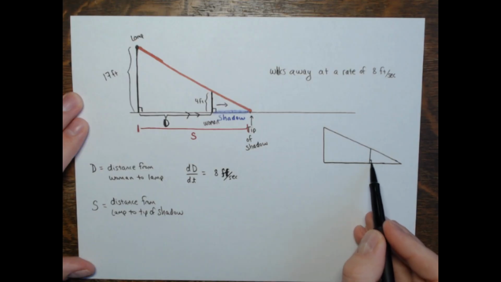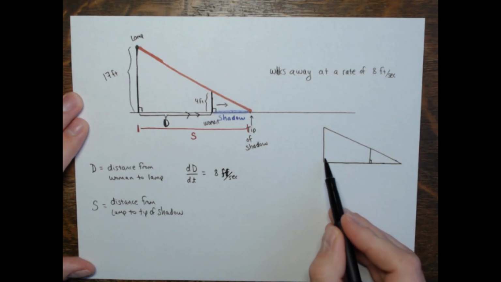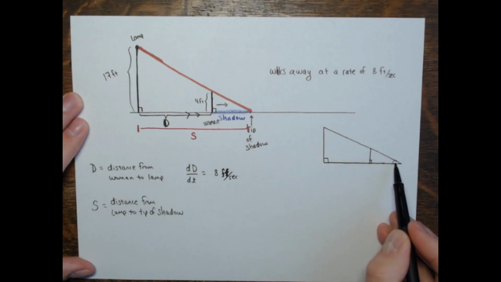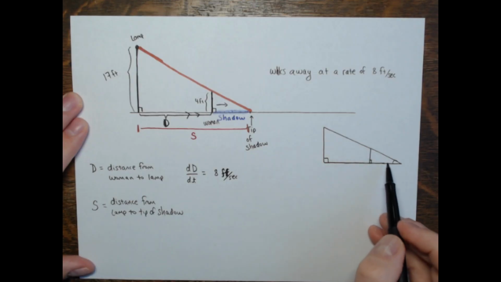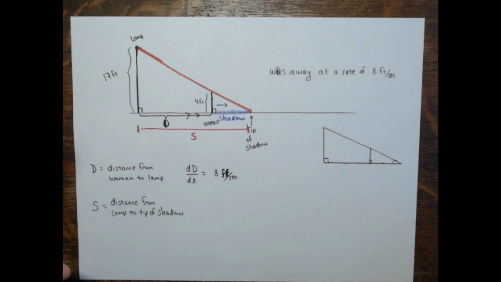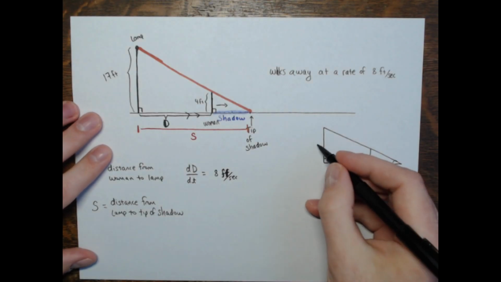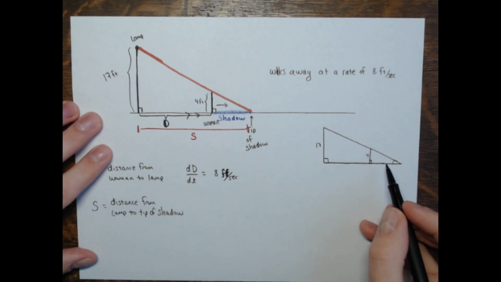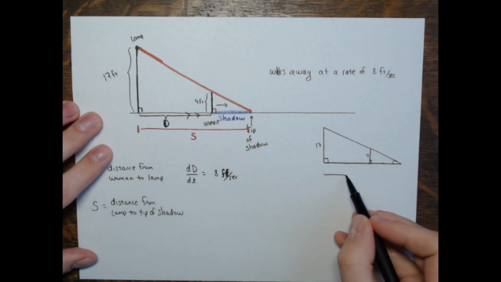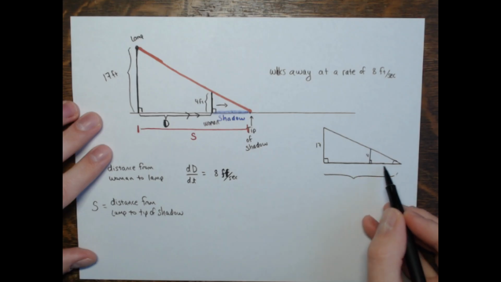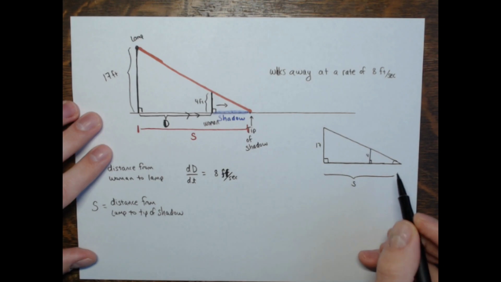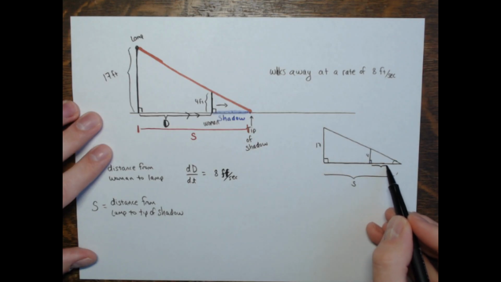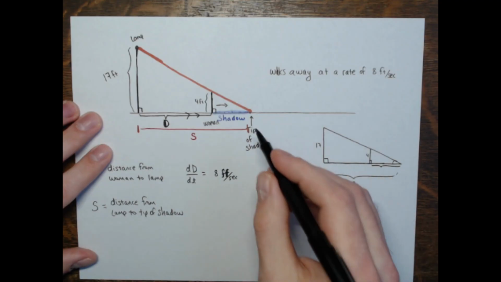So here you've got the small right triangle and the big right triangle, and they share this angle. So angle-angle similarity. Again, this is 17, this is 4, and the big length I called S. And then I have to identify this little length as well.